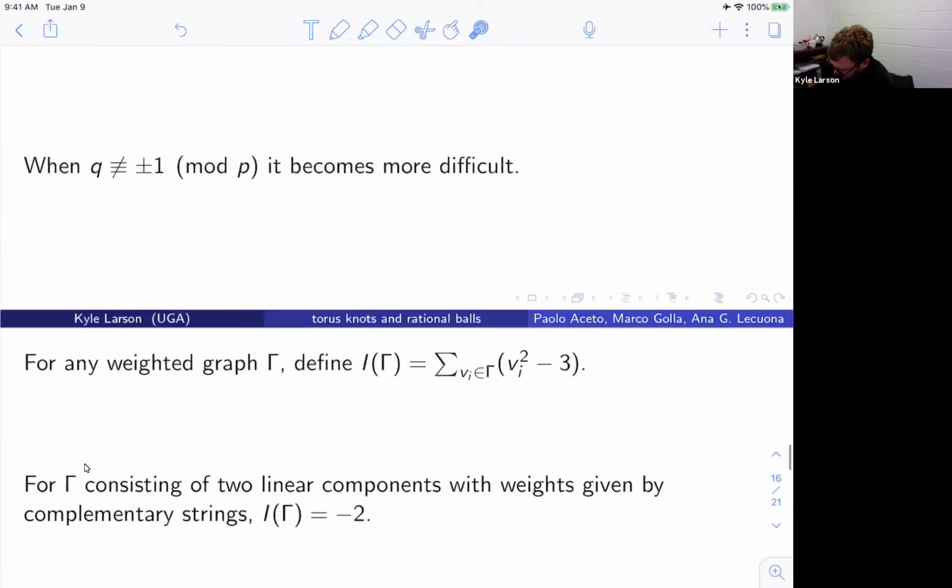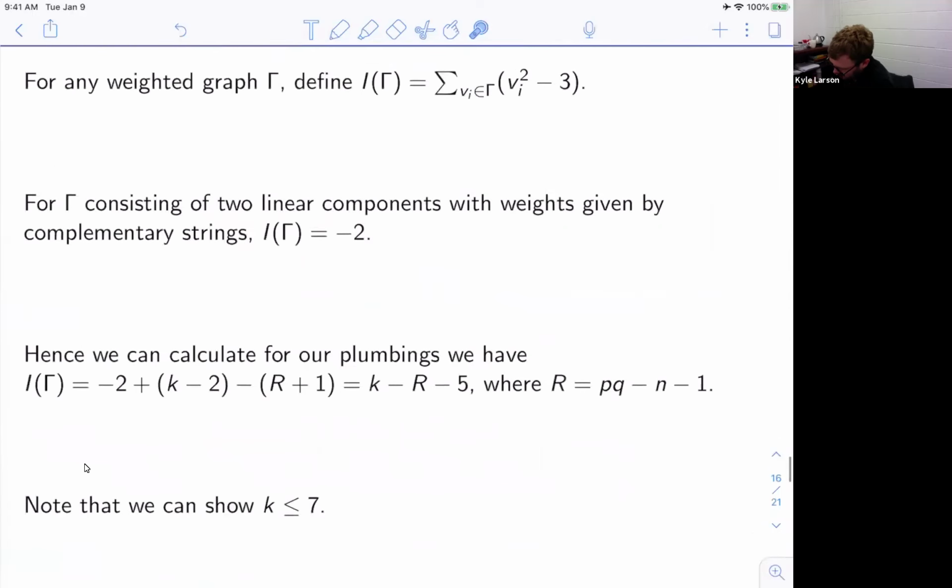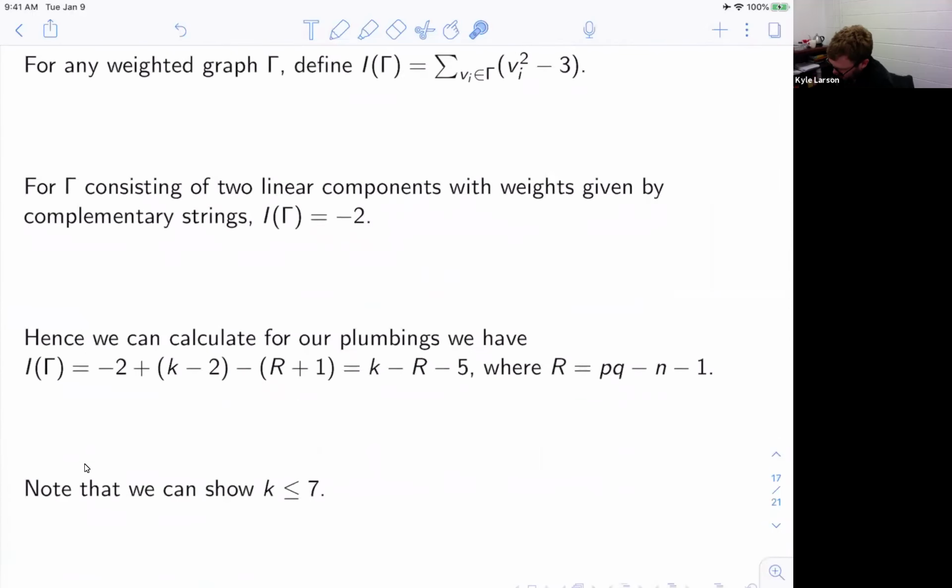And so we can calculate for our graphs that I is equal to -2 plus k minus 2 minus quantity r plus 1, where r is the length of the two chain leg. So we have this calculation, k minus r minus 5, for I for our plumbings. It's actually important for the argument, but let me just say in passing that we can show that k is less than or equal to 7.